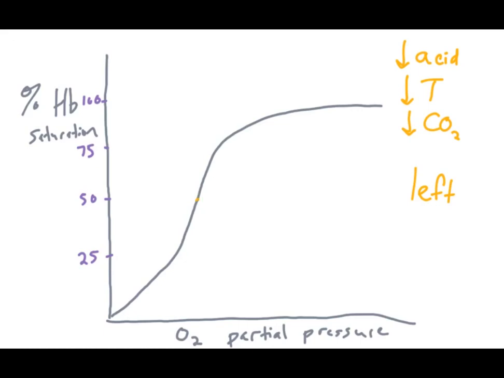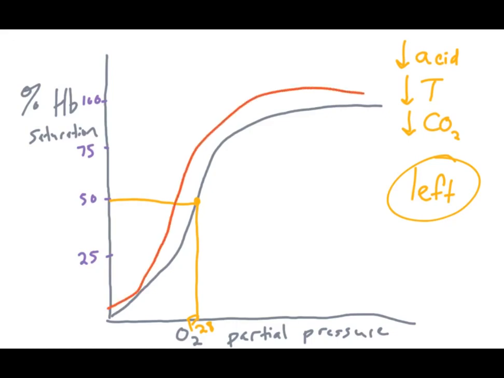So just to illustrate this once more, in the standard curve, to come back to where I was, we have about 50% at a PO2 of 28, right? We're about 50% saturated. If we now shift this curve to the left, that got a little messy, sorry. But you can see that at that same partial pressure of 28, we're now going to surpass where we were before.